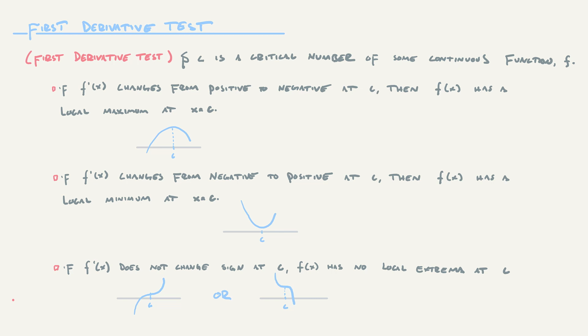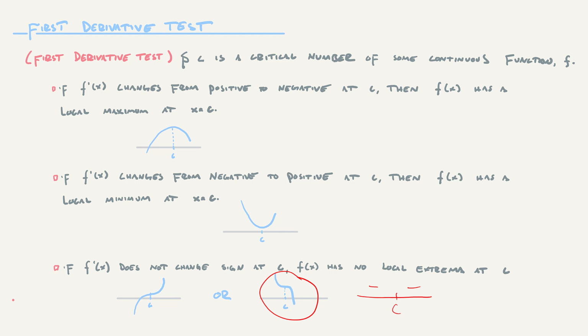If you do a sign analysis on the first derivative, and here's c, it goes from negative to negative, which would be a situation like this, then you just probably have some kind of an inflection point or something like that happening. But the moral of the story is we can't conclude that there's a local extrema. In fact, the conclusion we can make is that there is no local extrema happening at c.